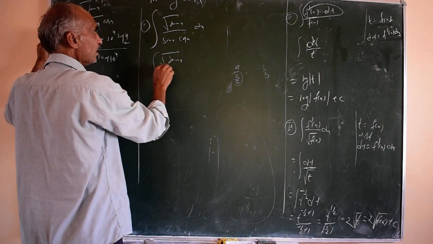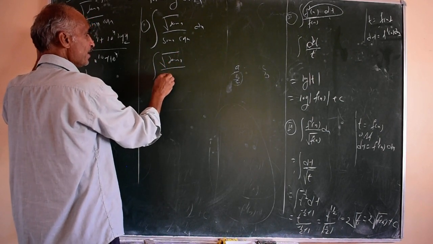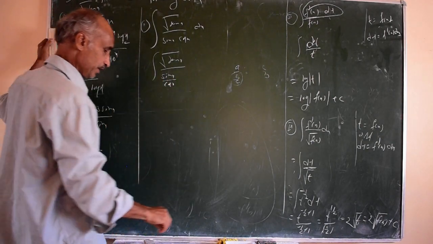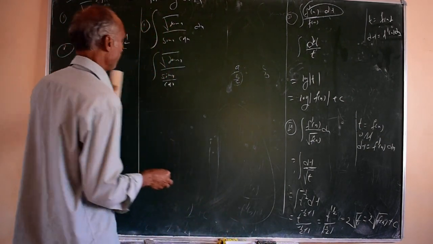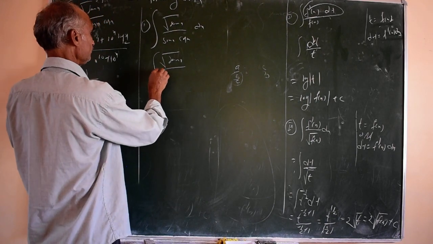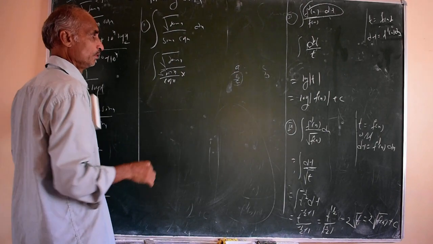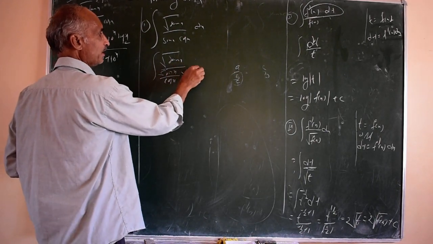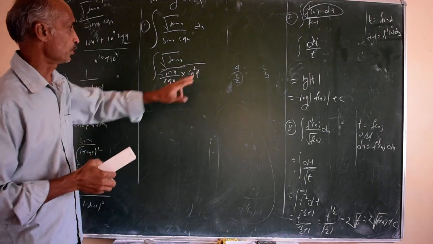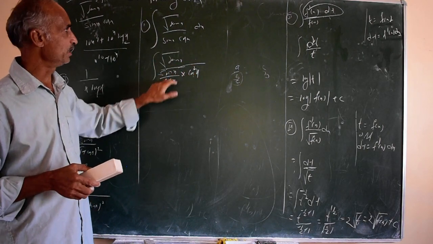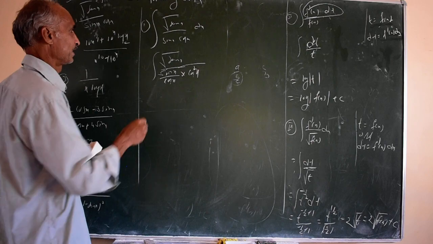Root tan x upon sin x by cos x, and in the denominator cos square x upon cos x is cos x only. dx.